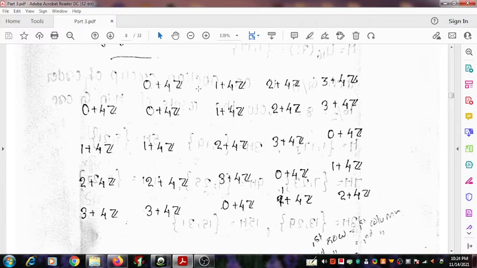In the first row, that is the label row, these are the labels: 0 plus 4Z, 1 plus 4Z, 2 plus 4Z, and 3 plus 4Z. So using these labels, column wise and row wise, you can add them.